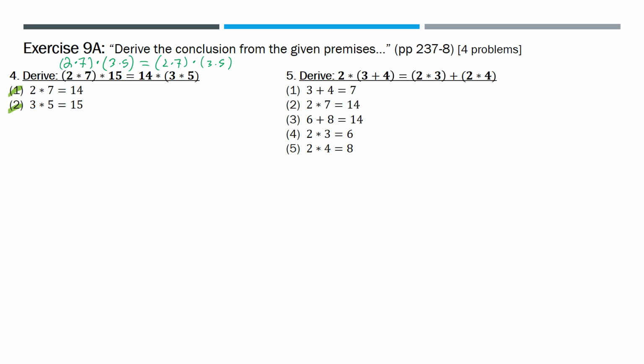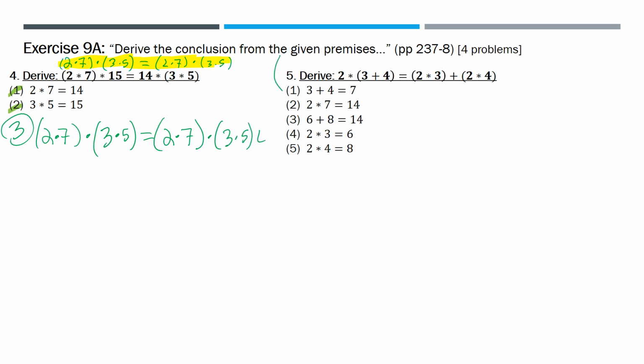In fact, we really should state this as a logical truth. So for line 3, we'll say that 2 times 7 times 3 times 5 is equal to 2 times 7 times 3 times 5. And that's simply a logical truth.